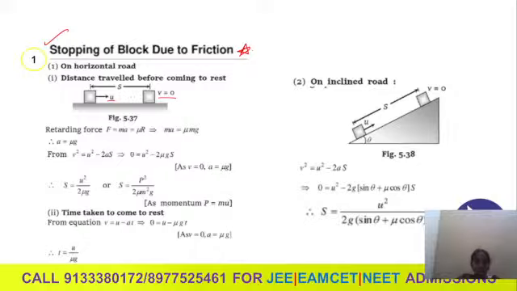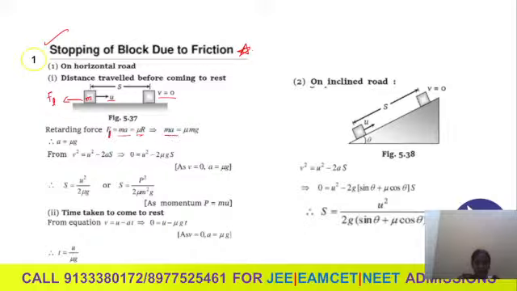So F is equal to ma. Take the mass of the block as m. So net force is ma, which is equal to friction. To oppose this motion, limiting friction will act in this direction. That is equal to mu times the normal reaction.